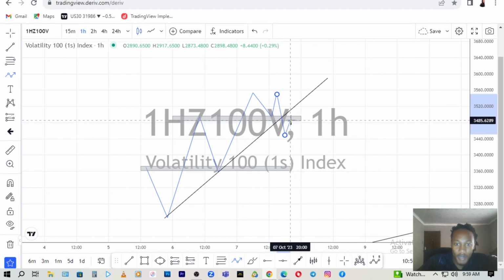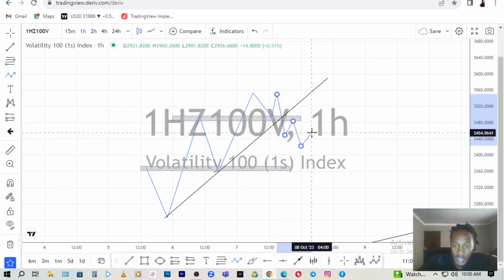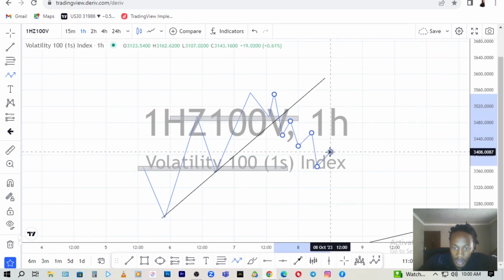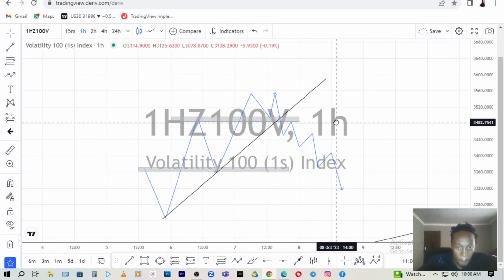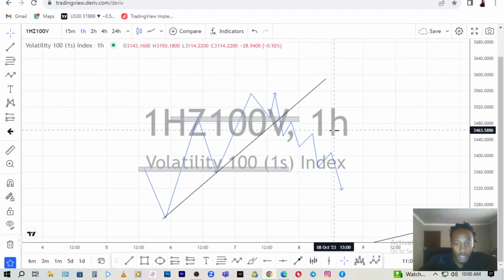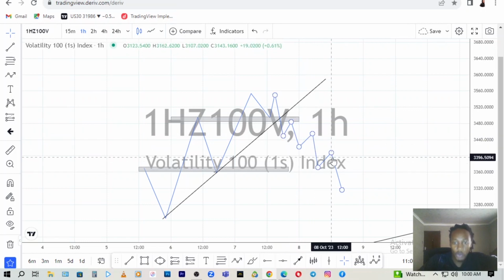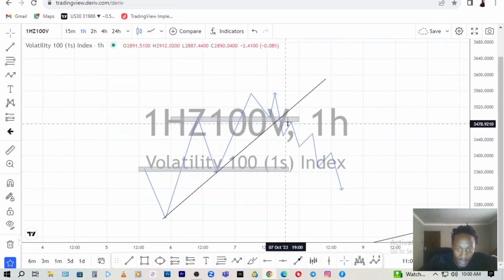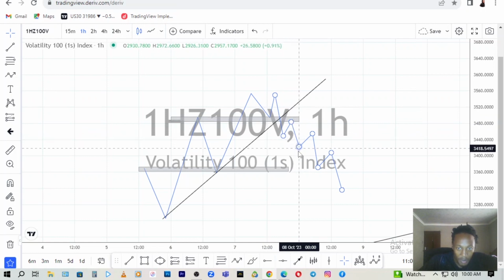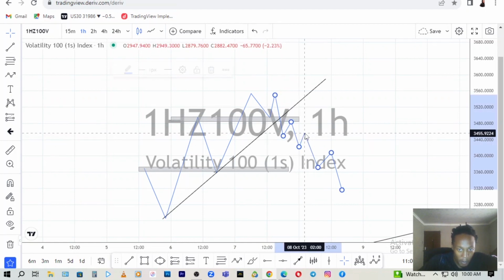So I'm trading free. Then I can see that the market is now in selling conditions, because it's giving us lower high, lower low, lower high, lower low. So I'd enter here. If I miss that one, I'd enter here.